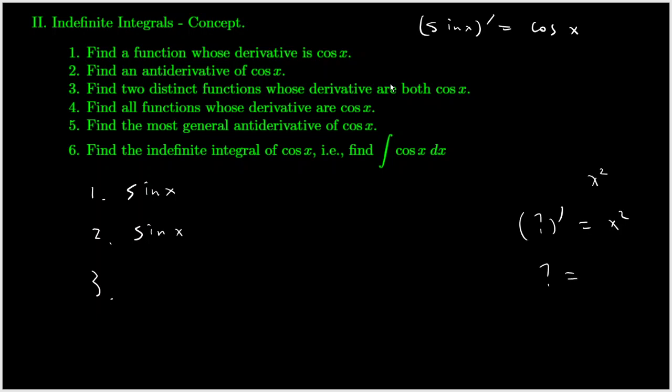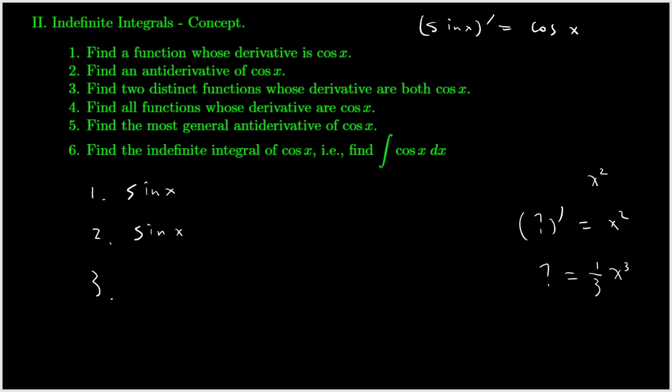I'm looking for an antiderivative of x squared. By that we mean which function has the derivative of x squared. You know that, some number times x cubed. So what number times x cubed, please? Okay, it's 1/3 times x cubed.